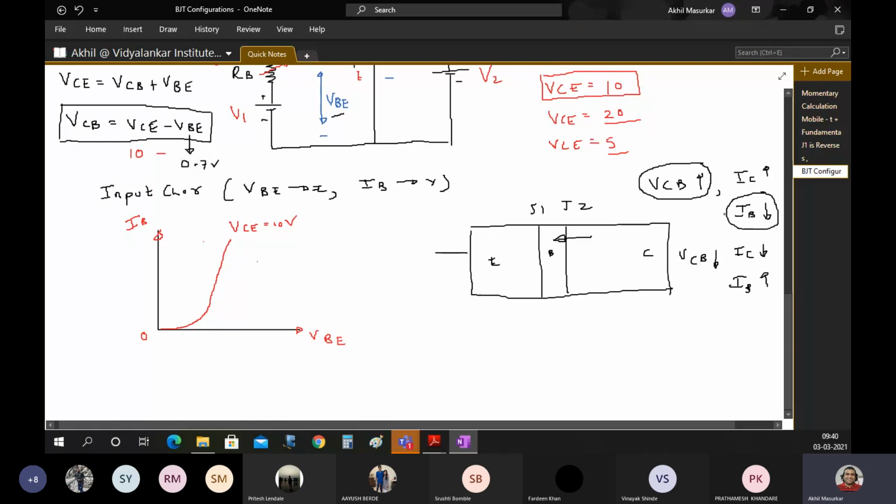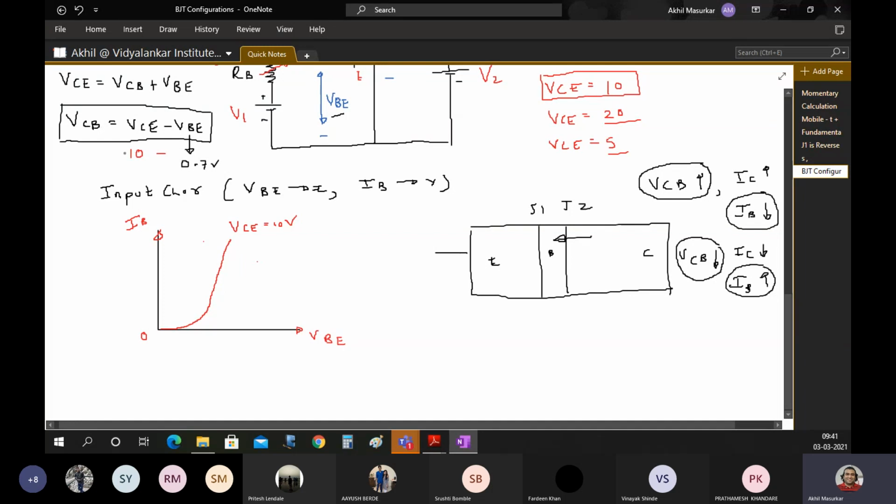That means that if VCE is 5, that is, if VCB reduces, and if I increase VCE, what will happen? If VCE becomes 20, then VCB is going to increase. If VCB increases, IB decreases. So here we will show the curve like this.